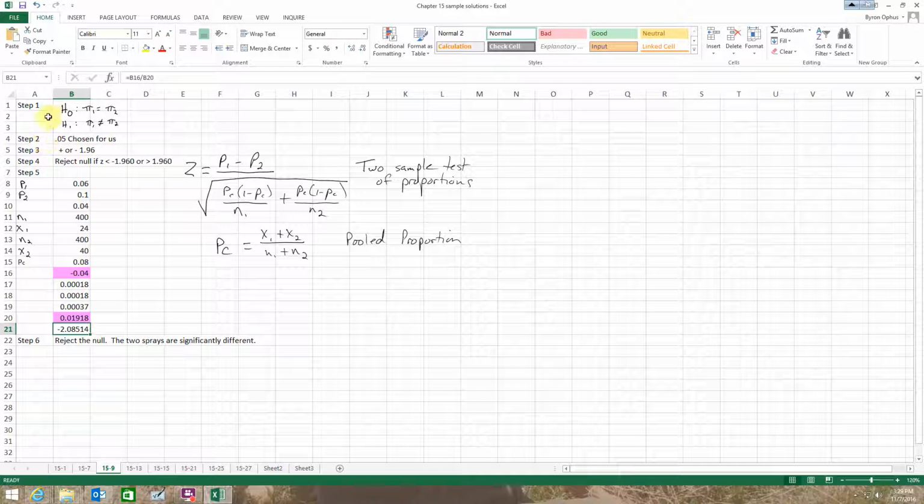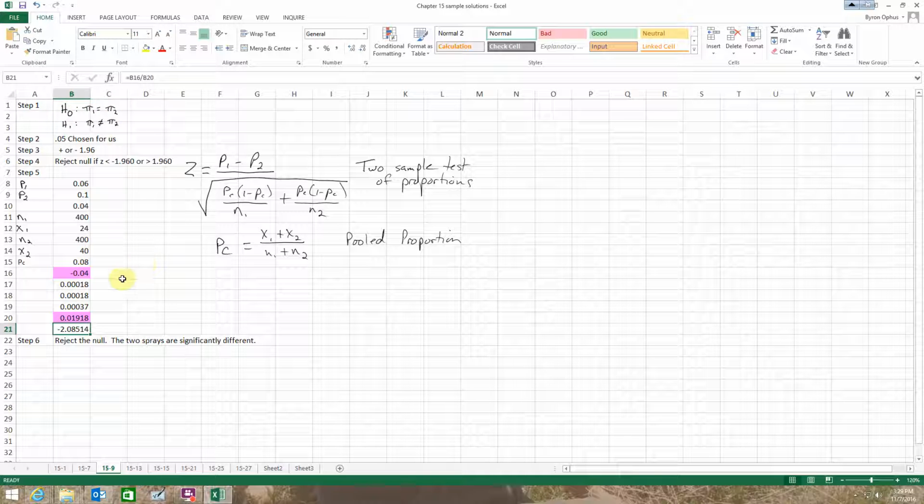Make sure you answer these in the six steps. Step 1 is to state the hypothesis, and in mine it says, can we conclude that there is a difference in the proportion of vines infested using Paranod 5 as opposed to the other spray? So that becomes my alternate hypothesis, and my null hypothesis is that they are equal.